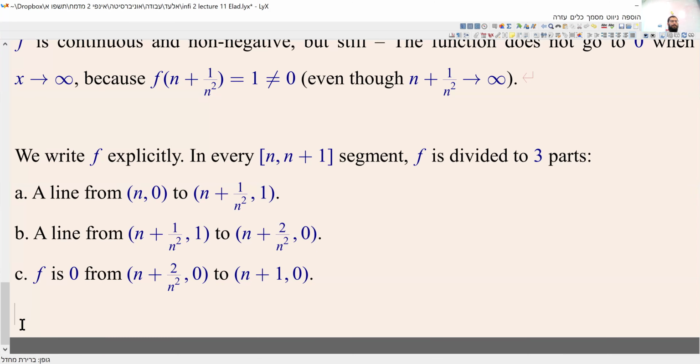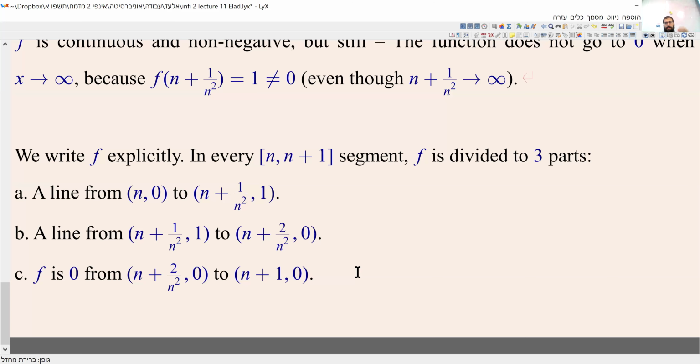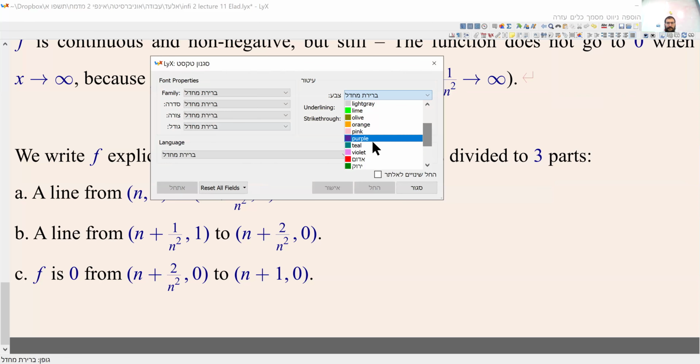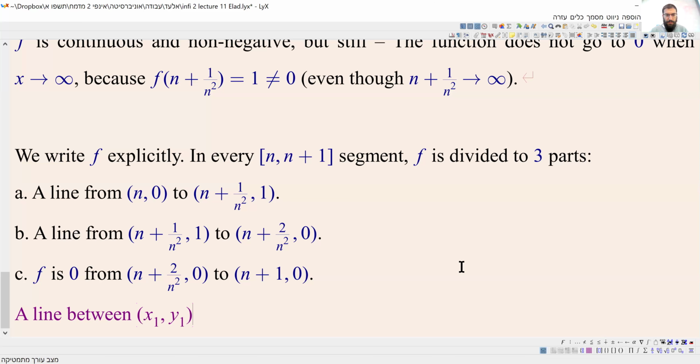Now, it works. But a more elegant way to do so is to first find the slope of the line, and then put it in the equation. Let's just do a quick reminder. A line between x1, y1, and x2, y2.